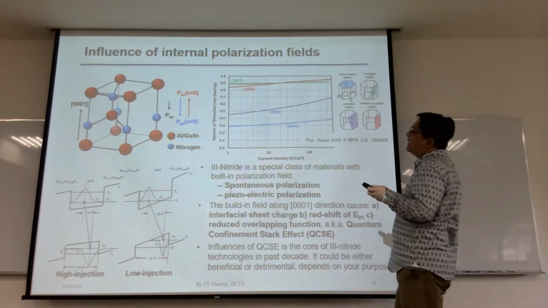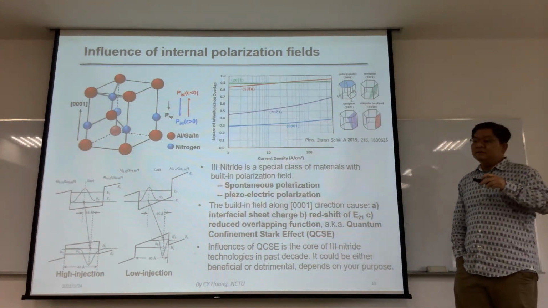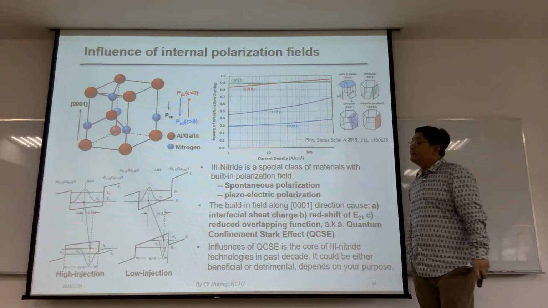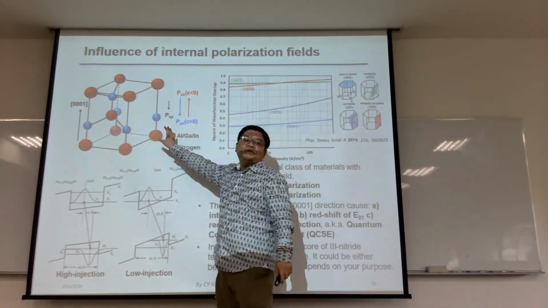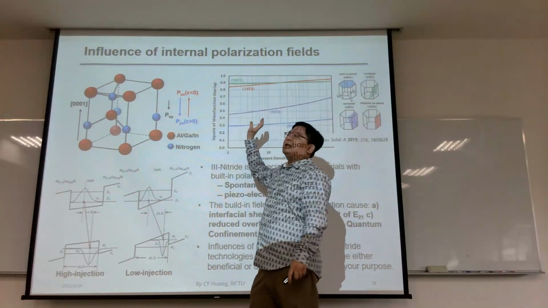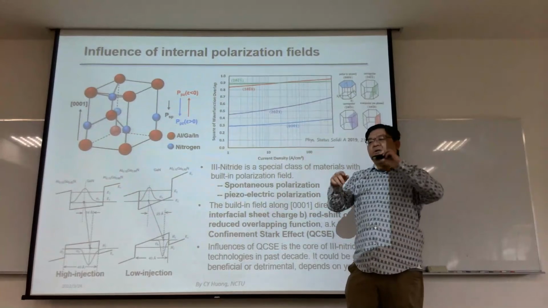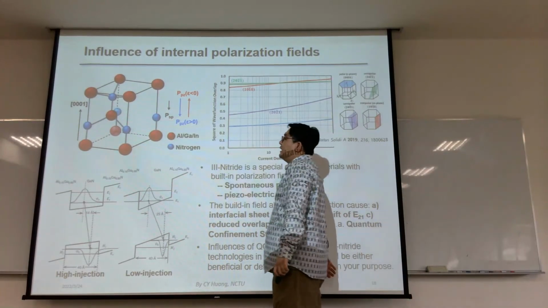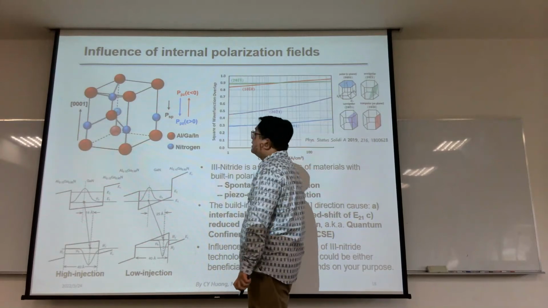Okay, this is gallium nitride. It has some important differences from the commonly known gallium arsenide, and the major difference is that the crystal structure has low symmetry. For gallium arsenide and InP, the X, Y, Z directions are all equal, so there's no special axis.